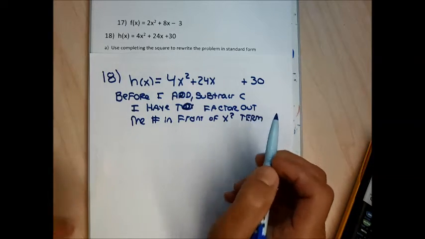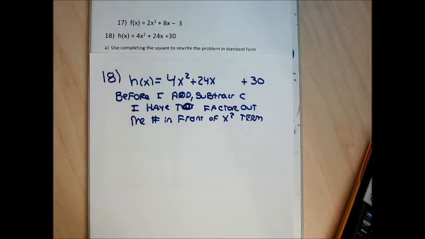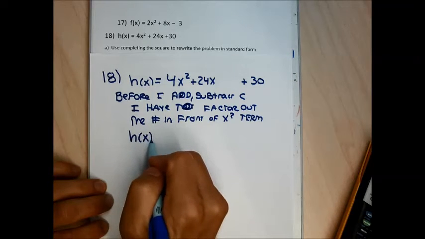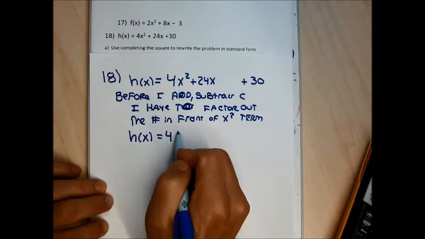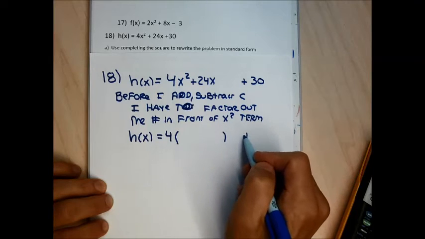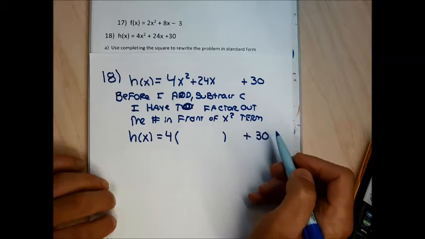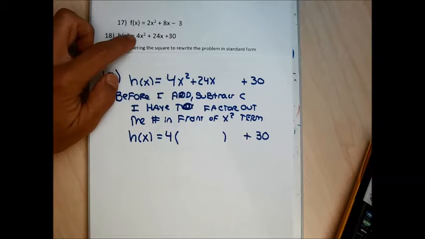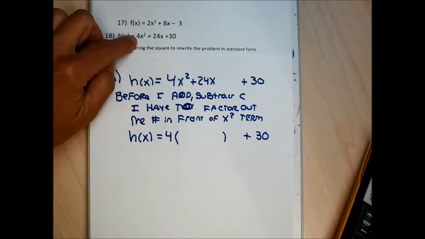You'll notice when I wrote the problem down, I put the constant way off to the right, because when I go to factor it out, I only factor that number out from the x terms. So my first step in rewriting the problem so that I can tell if it's moved left or right, up or down, wider or narrower, is if there's a number in front of an x squared term, you pull out that as a common factor only from the x's.